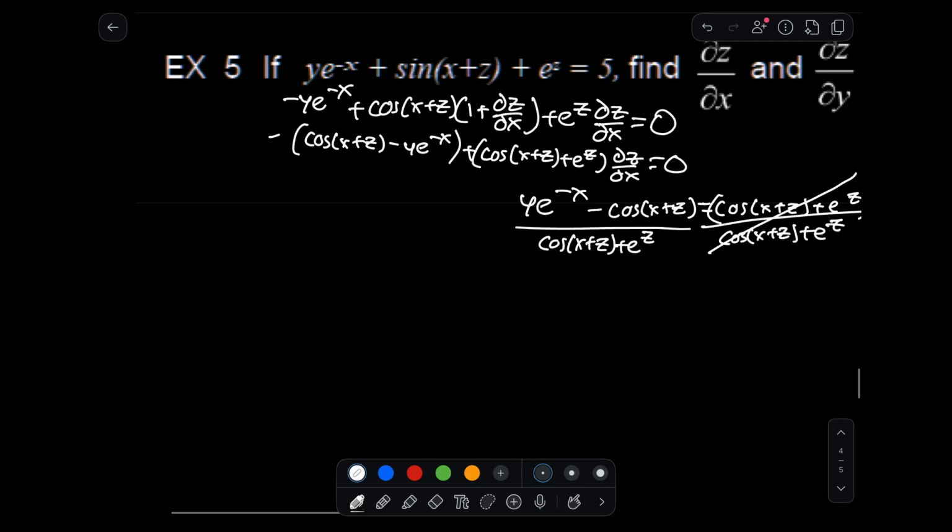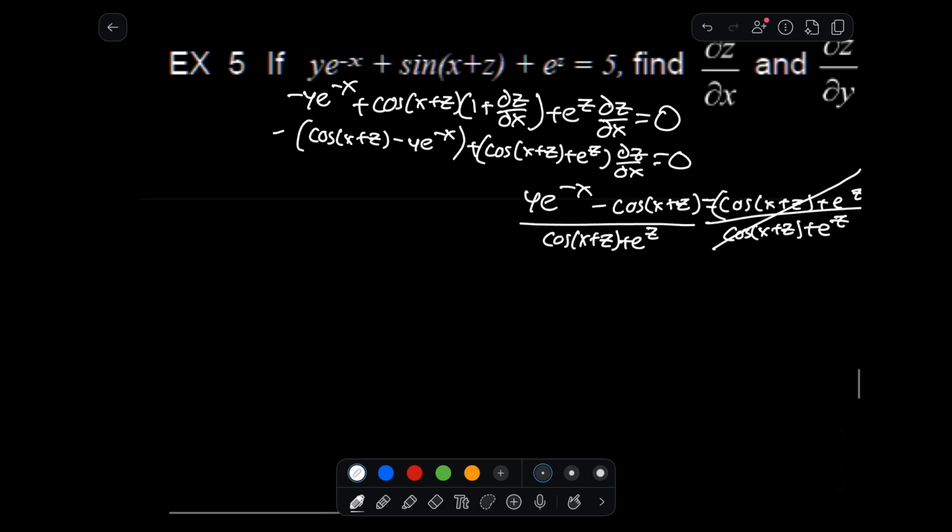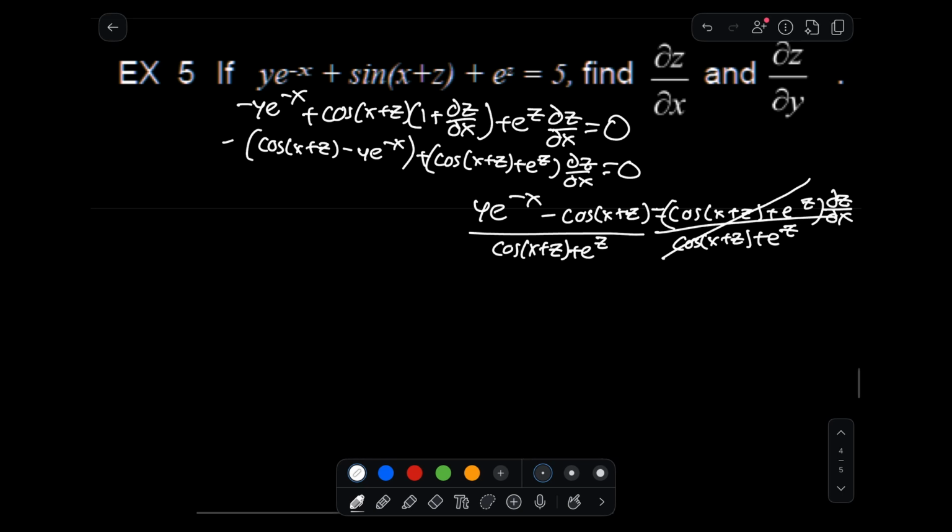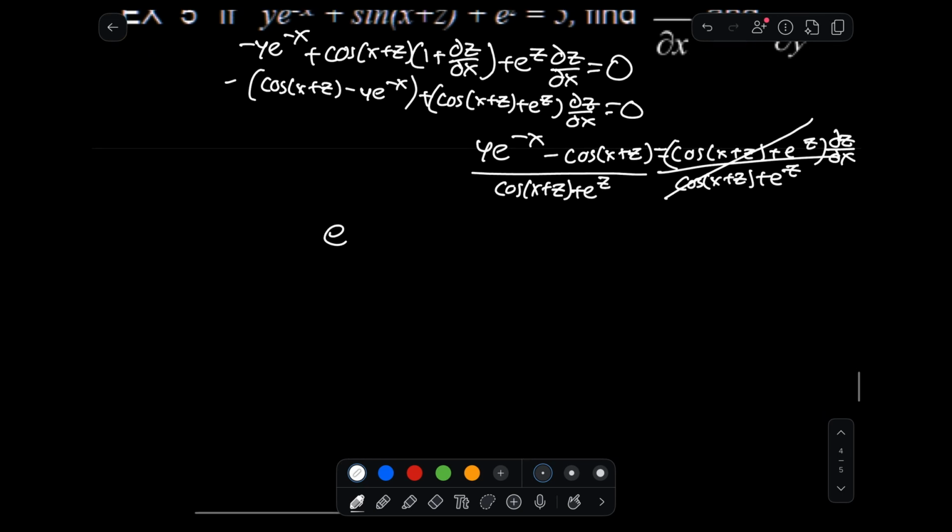And then we can apply the same ideas for taking the partial of z with respect to y. So then we can get e to the negative x plus cosine of x plus z.